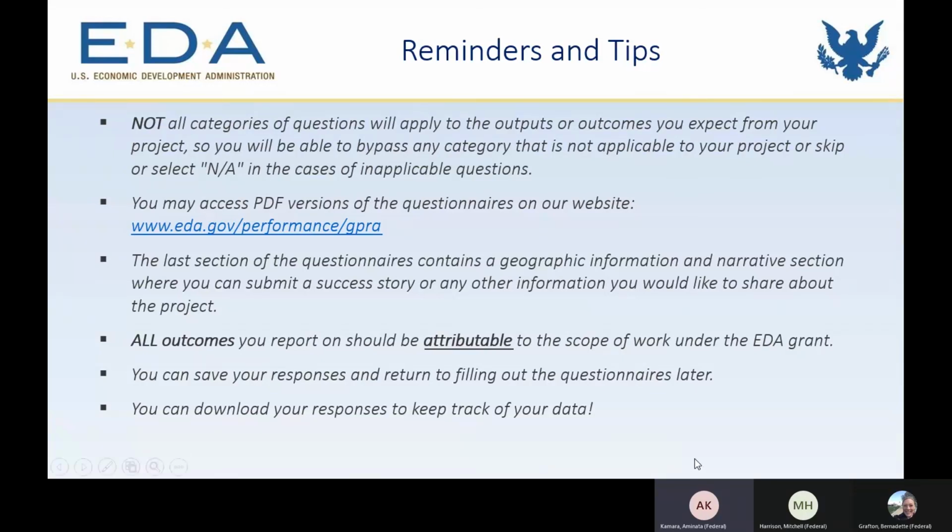Qualtrics also has it so that if a category of output is not applicable to you, you answer yes or no to a gateway question. So if a category of output is not applicable to you, you can answer no to that gateway question and you'll be able to skip that entire category of output and the questions within.